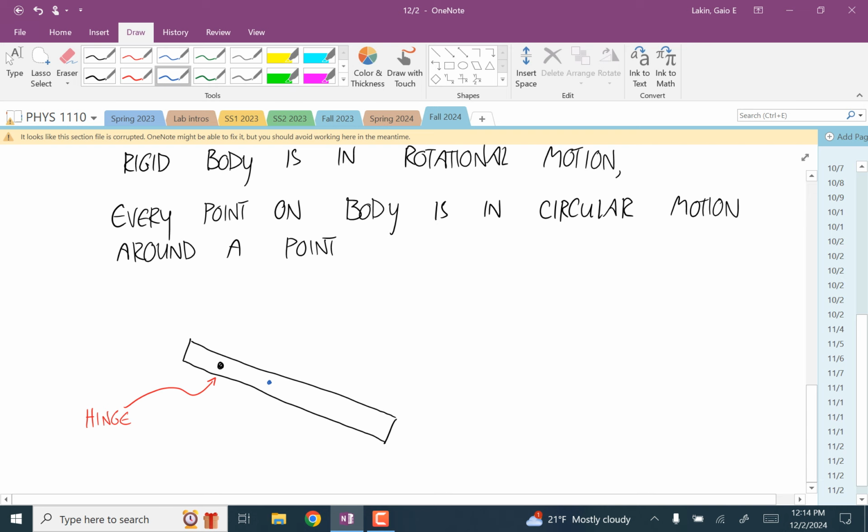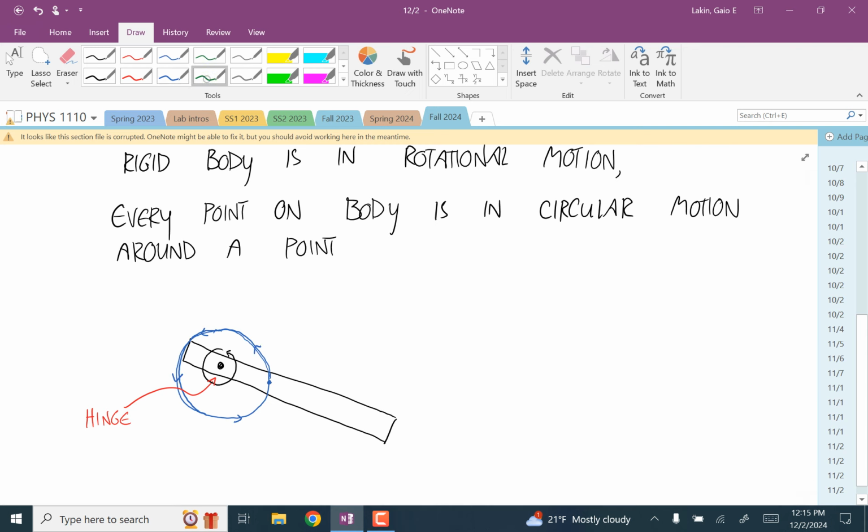If this body is rotating this way, then this point here is following a circular path like that.